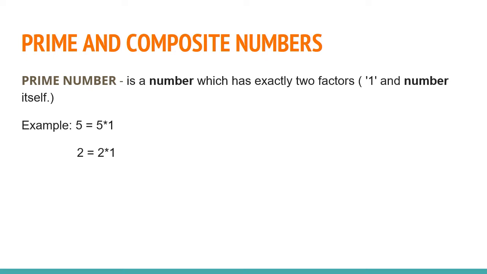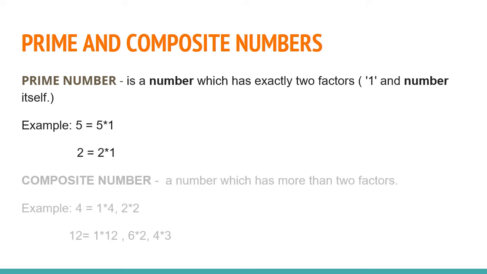Pag sinabing prime number, ang factors lang niya, o yung numbers na pwedeng ipag-multiply, is 5 at 1 para maging equivalent to 5. So, it is a prime number. Why is 2 a prime number? Kasi we only have 2 factors, 2 and 1. Wala nang iba. Yun lang ang kanyang factors, so it is a prime number.